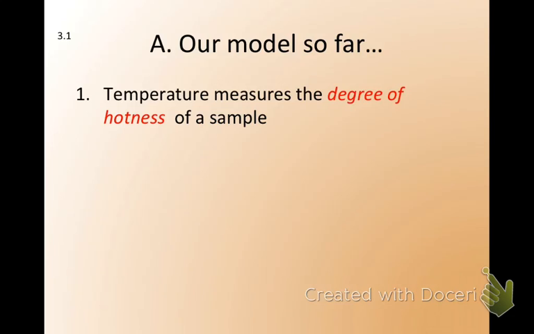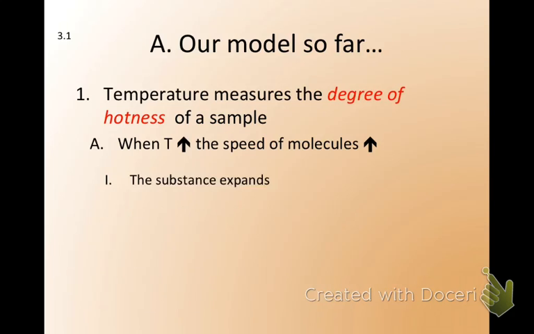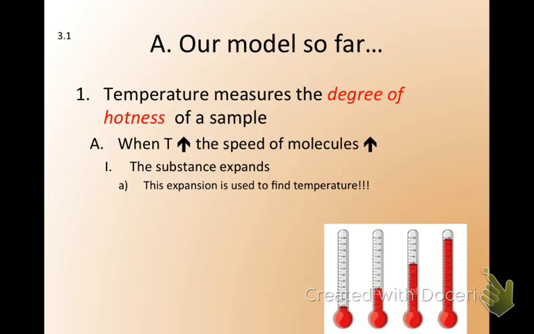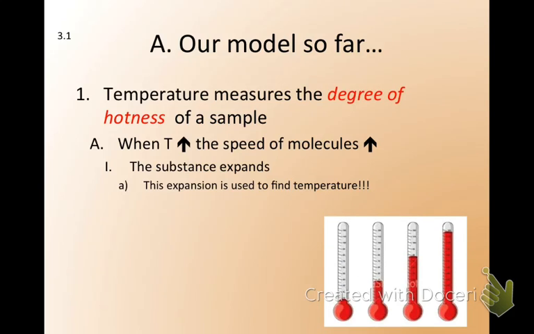We can also call that the degree of hotness. We're pretty well aware that when the temperature increases, the speed of the molecules increases, and this then causes our substance to expand. And it's this expansion that allows us to find temperature in thermometers, just like we've done with previous demos and like we've talked about in previous notes.